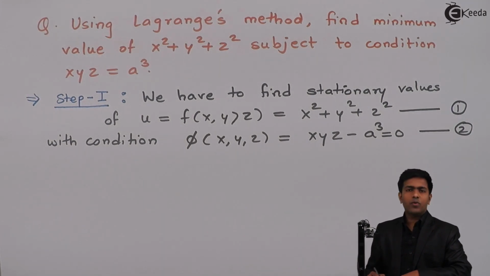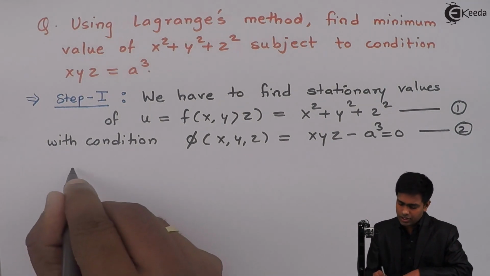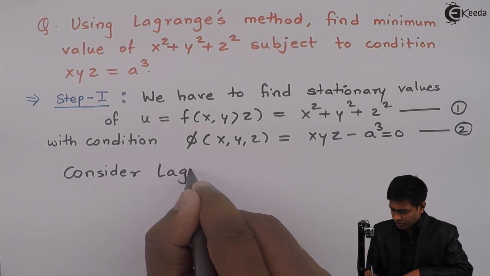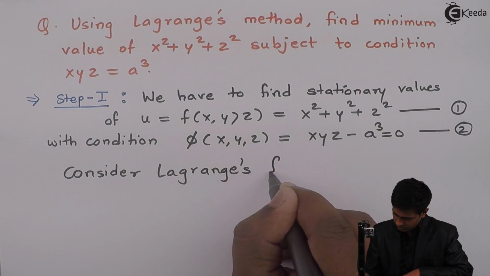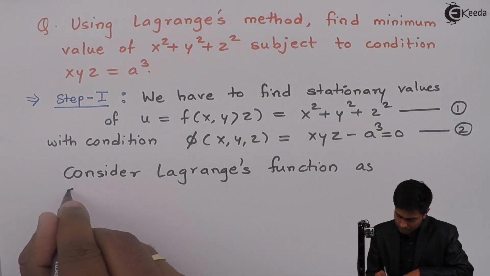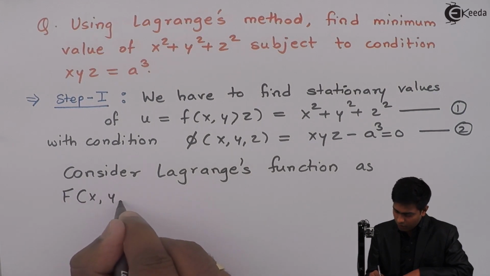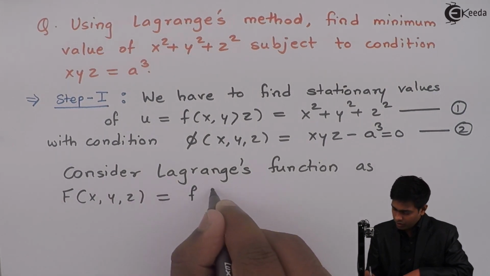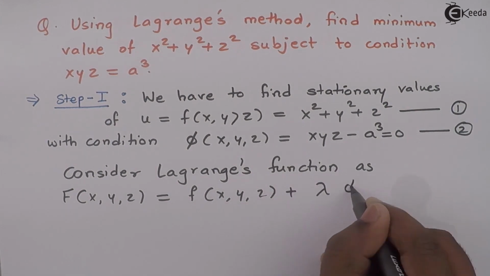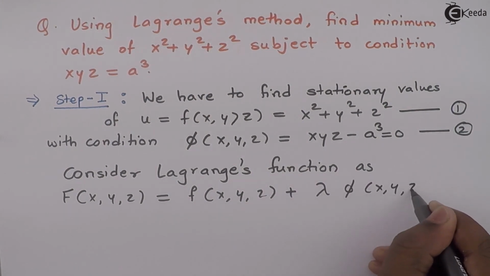And to find it by using Lagrange's method, we have to consider the Lagrange's function. So here I'll consider Lagrange's function as F of x, y, z equal to f of x, y, z plus lambda phi of x, y, z.